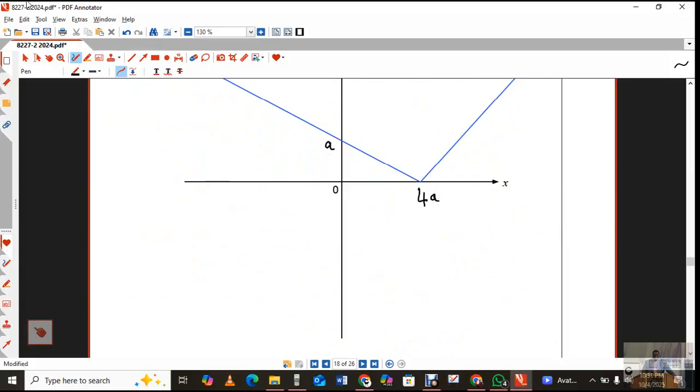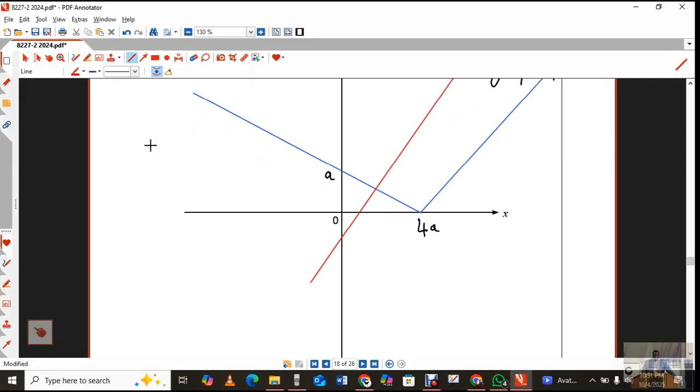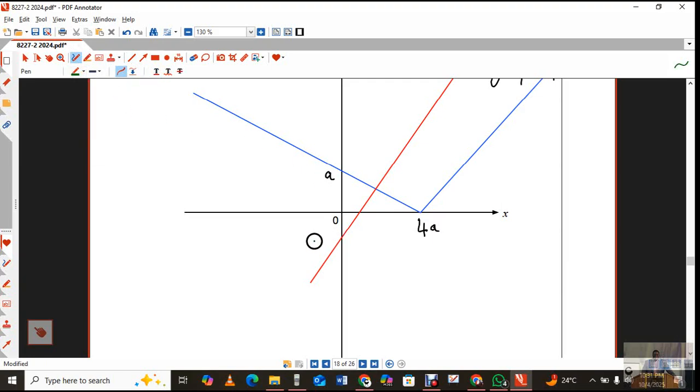So my graph, let me draw it first. I have a pretty good idea where that graph will be. Something like this. Where this point over here is negative 1 over 4a, and this point over here is 1 over 3a.